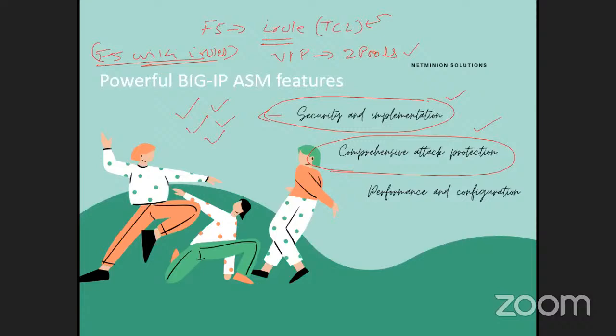Mainly it is comprehensive attack protection, and these two terms are like a layer 7 DDoS happening in your environment. There is some kind of DDoS profile you can apply over that. Maybe there is some kind of SQL injection in your environment. We will be talking about these terms also, do not worry, later on.